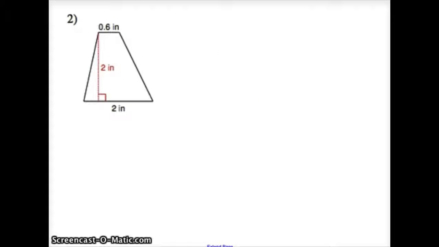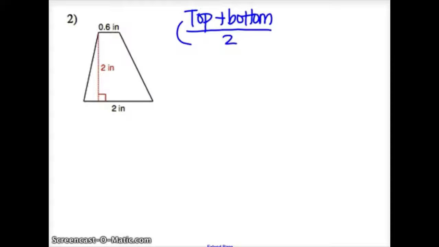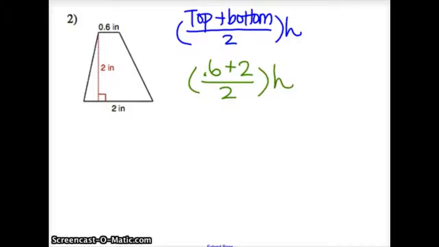The second example, top plus the bottom divided by 2 times the height. The top is 0.6, the bottom is 2, we're going to divide it by 2, and then we're going to multiply it by, let's write the height in there, of 2.